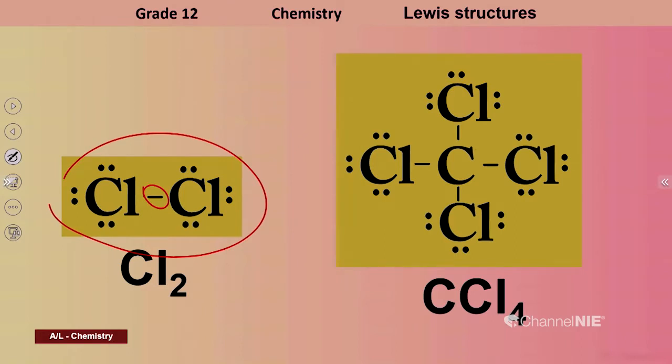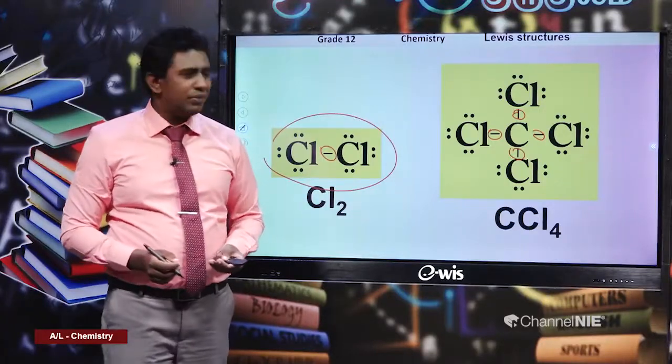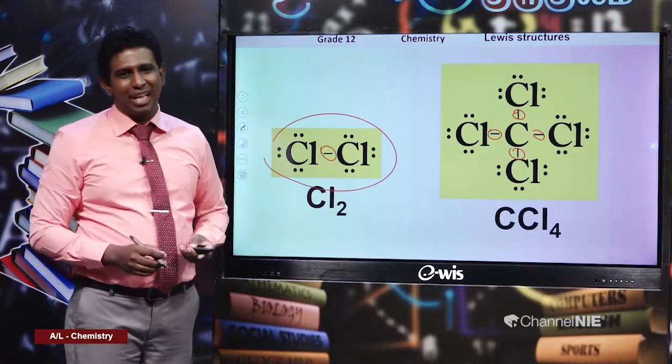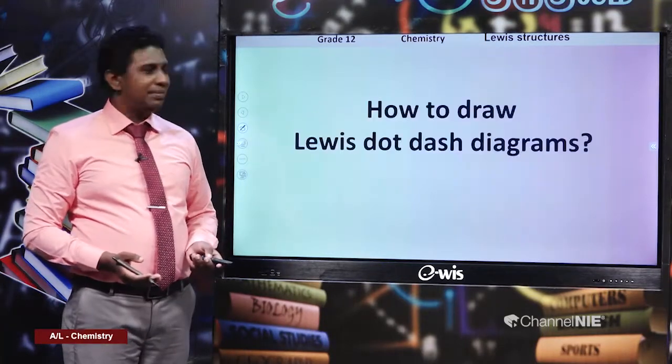Then these 4 are bonds, and all the other dots stand for lone pairs. Electrons that do not belong to bonding are lone pairs. That is the way we represent them. Okay, hope that is clear. Students, let's go ahead.